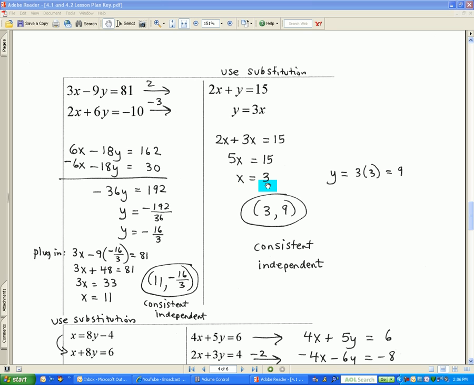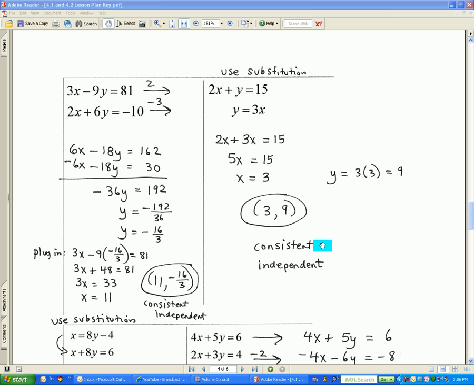So I have half my answer already. Now I'm going to take x is 3, and go into either equation, but I'm going to pick this one right here and substitute in. Y is equal to 3 times x, which is 3 times 3, or 9. Therefore, my solution set is the ordered pair 3, 9.